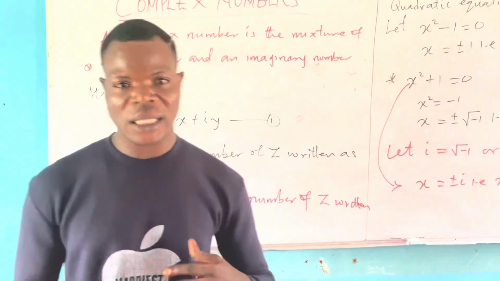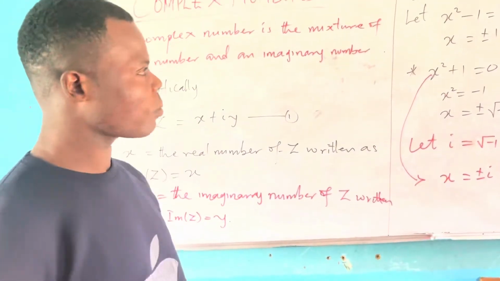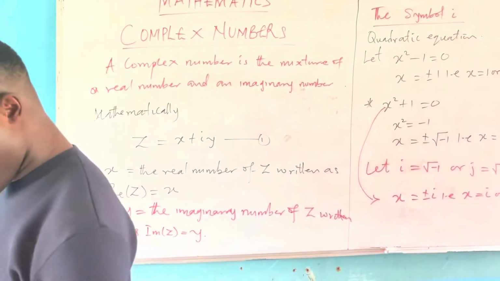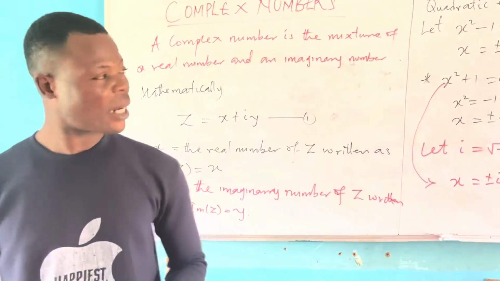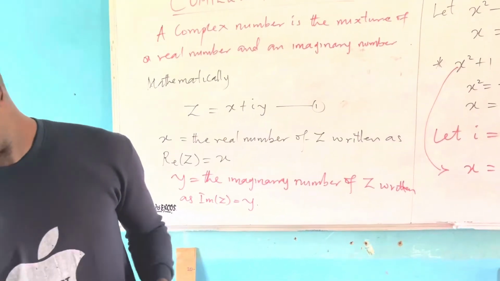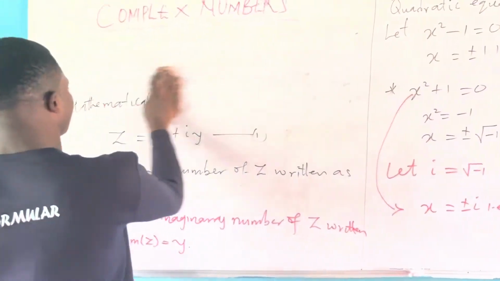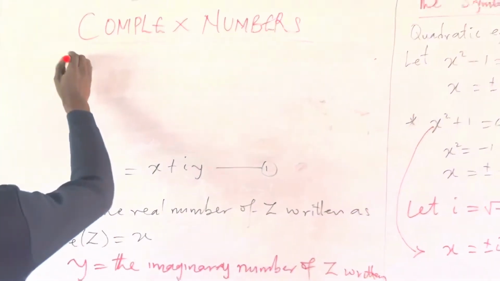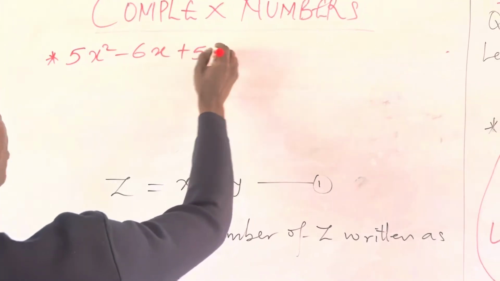To further our explanation, let's take another example of a quadratic equation. Let's consider this equation: 5x squared minus 6x plus 5 equal to 0.